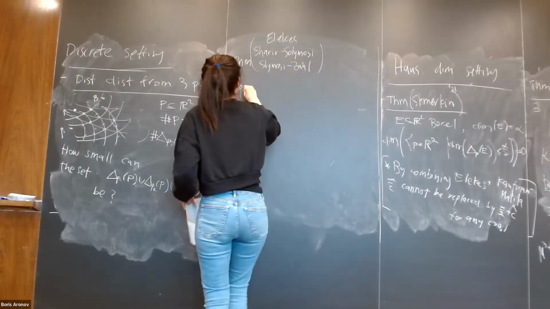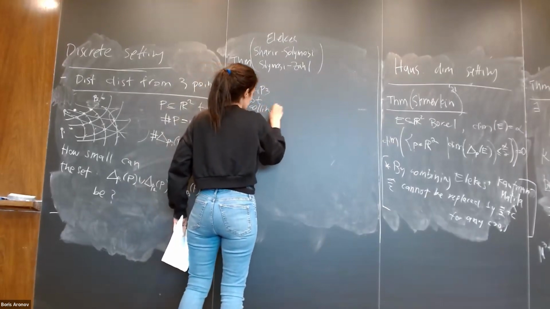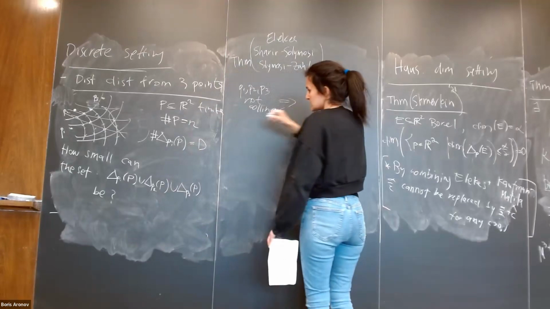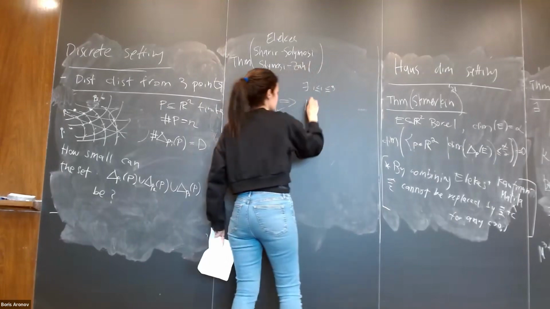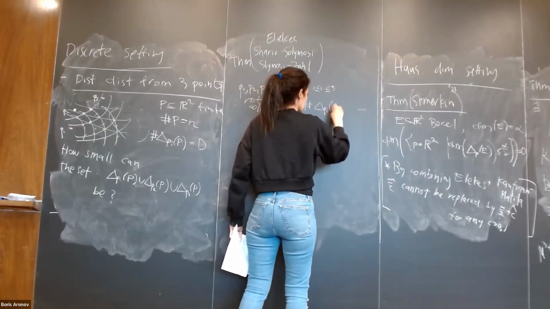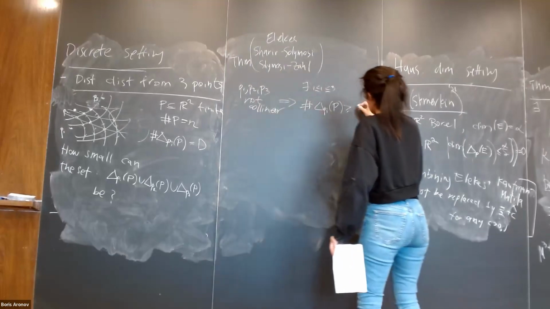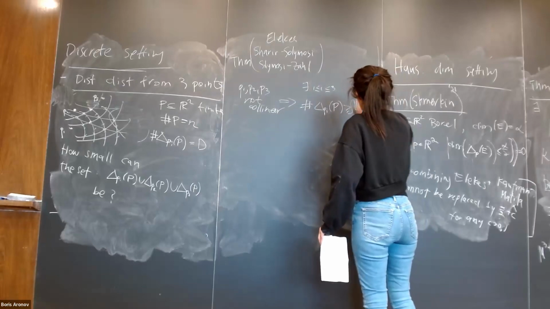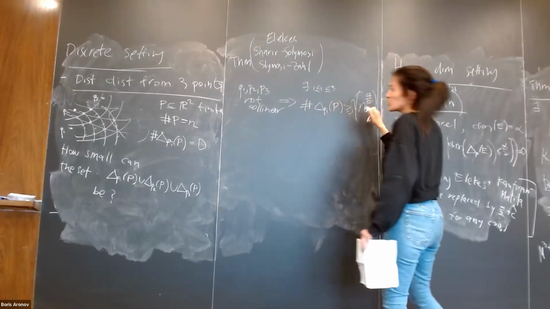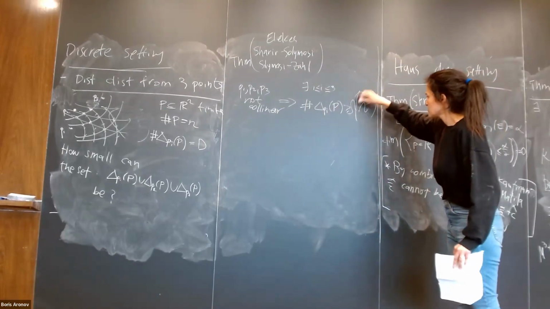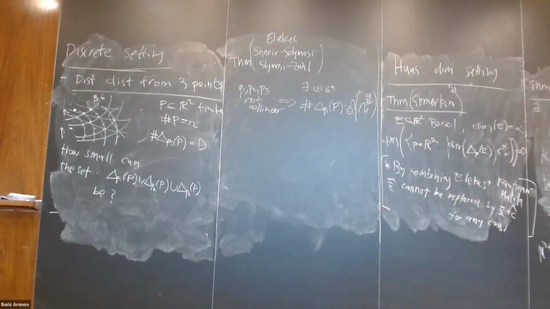So it says that if P1, P2, P3 are not collinear, then the number of distinct distances is at least some constant times n to the 7 over 12. But more than square root of n. Okay, so this is the statement in the discrete setting.